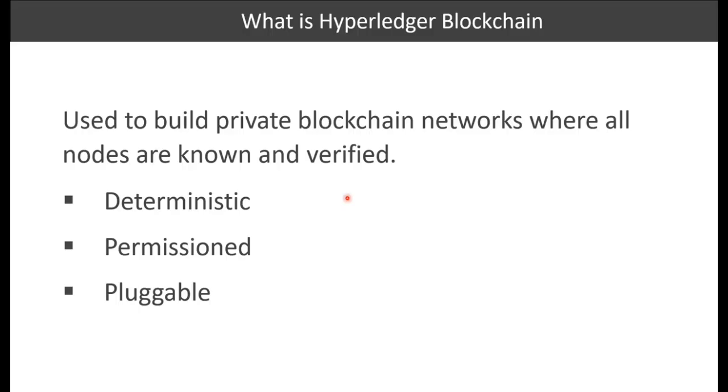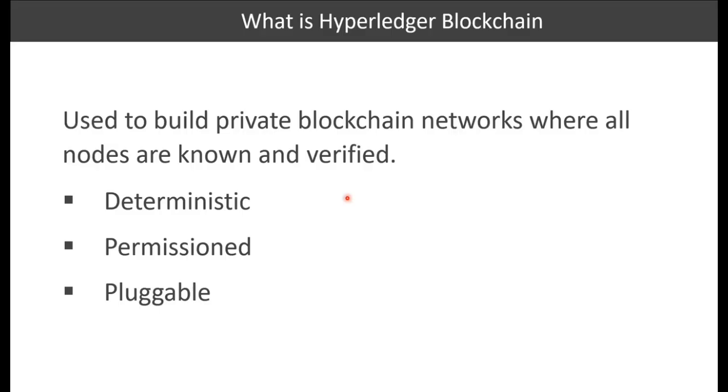On Bitcoin and Ethereum, all users are anonymous, so we only see their wallet addresses. This obviously will not work very well in business. In business, we have to know the parties that we are working with, and we also have to know permissions.